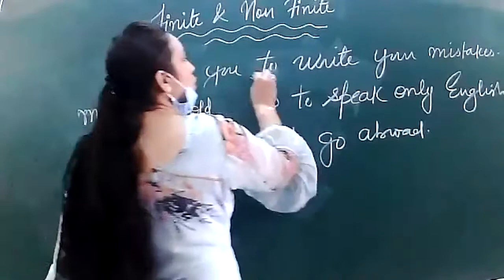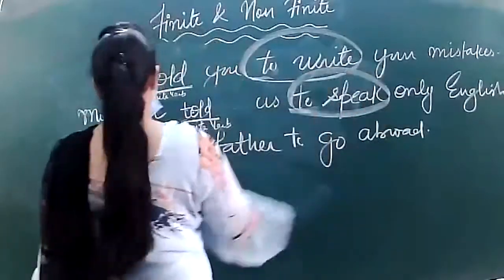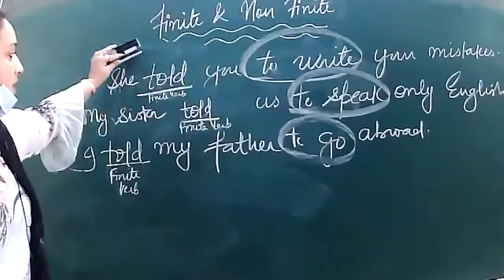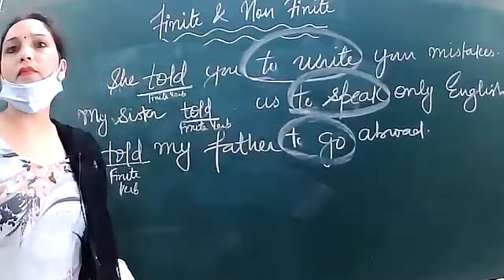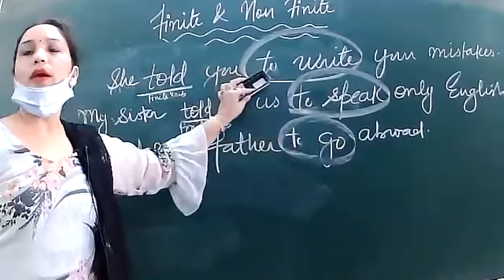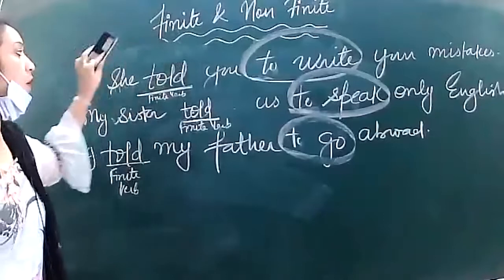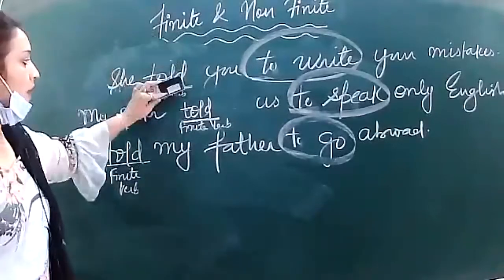I told you to write. My sister told us to speak. I told my father to go. If I make changes in these lines, do these meanings change or not? If I write my father yesterday, or your father yesterday, or present, or past, or I, you, we, they, these verbs will change.